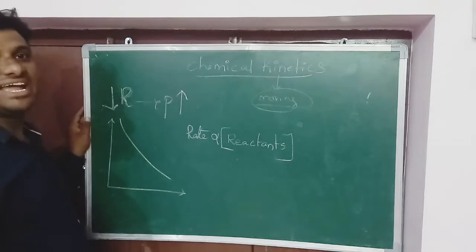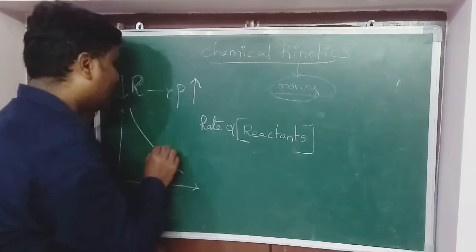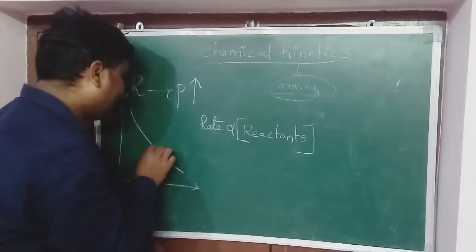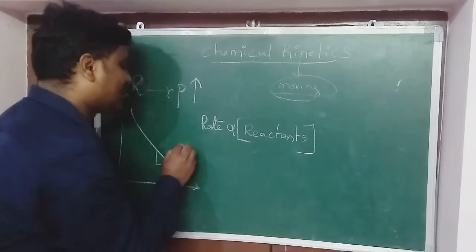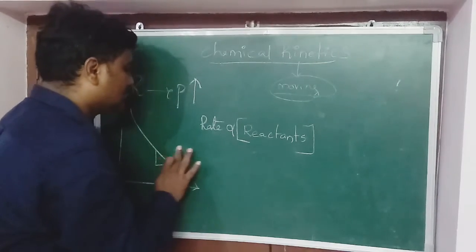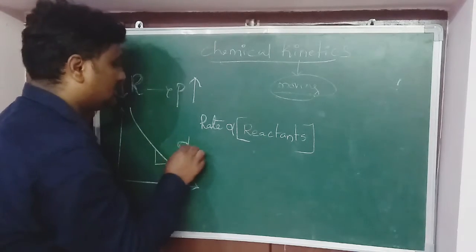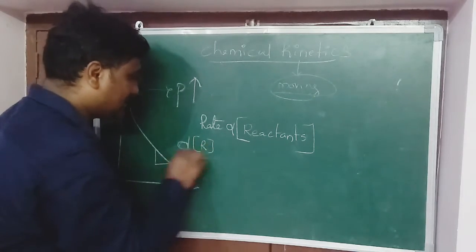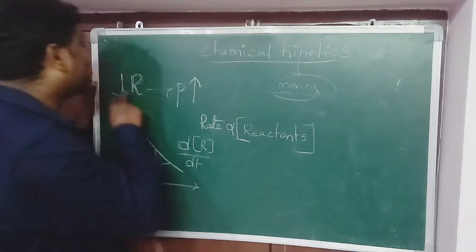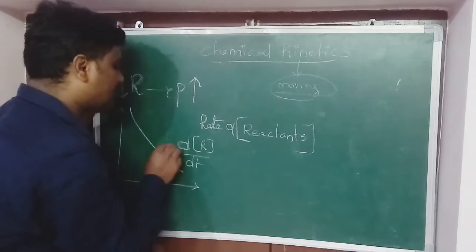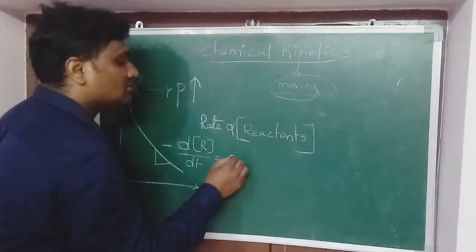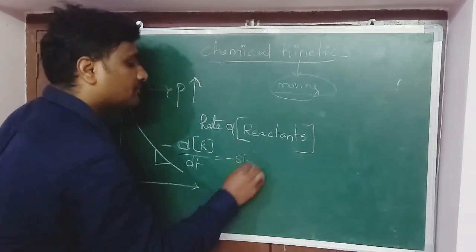Here the instant rate of reaction is the change of concentration of the reactants with respect to time. Decreasing means it shows the negative side, a negative slope.